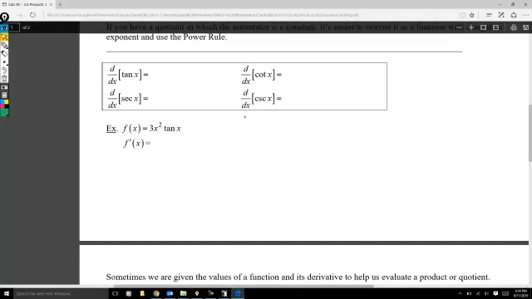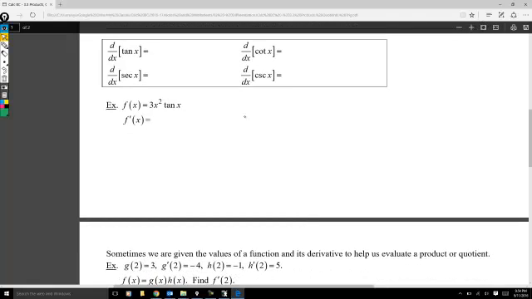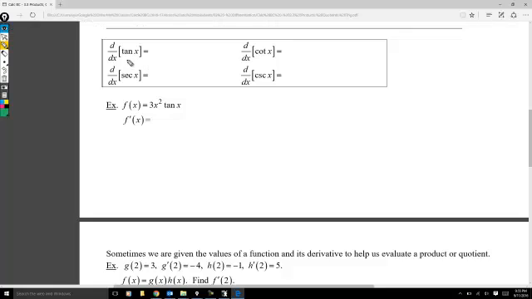Now some trig stuff that honestly you're going to have to memorize. We will prove this in class, but you've got to memorize it for now. The derivative of tangent is secant squared. The derivative of secant is secant tangent. The derivative of cotangent is negative cosecant squared.